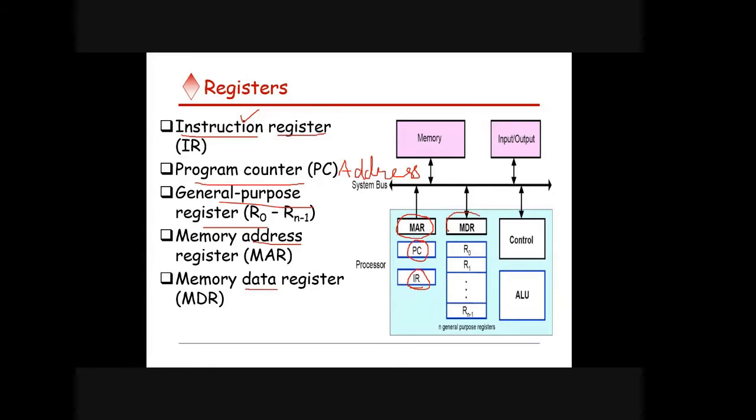MDR is the memory data register, which keeps the data needed for the ALU. And you have n general purpose registers that store the operands. Okay, so those are the registers present inside the processor.